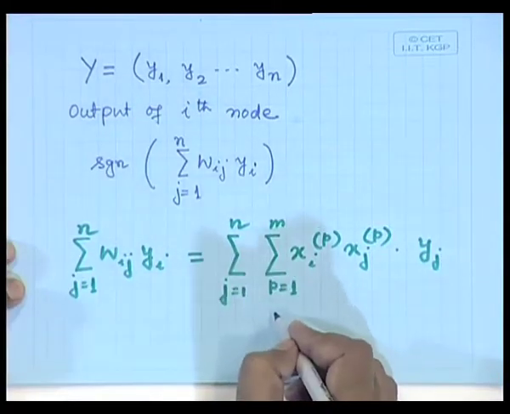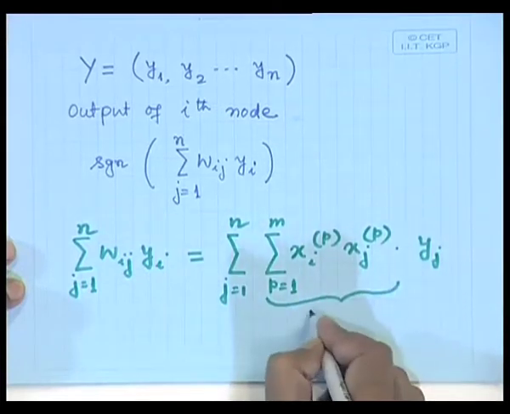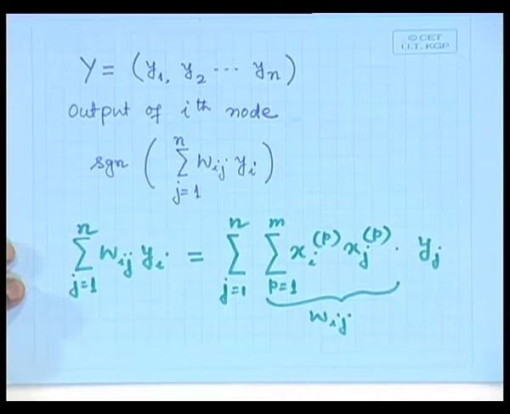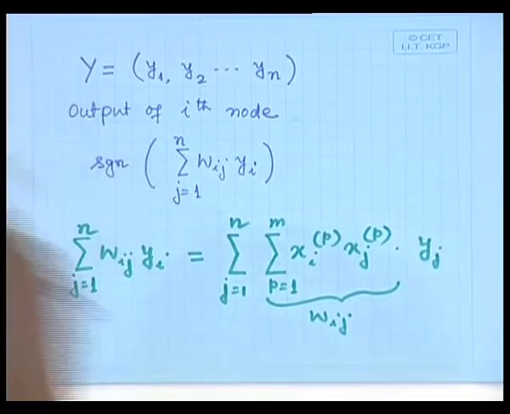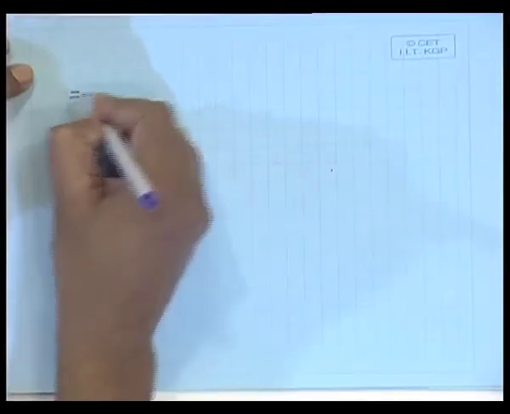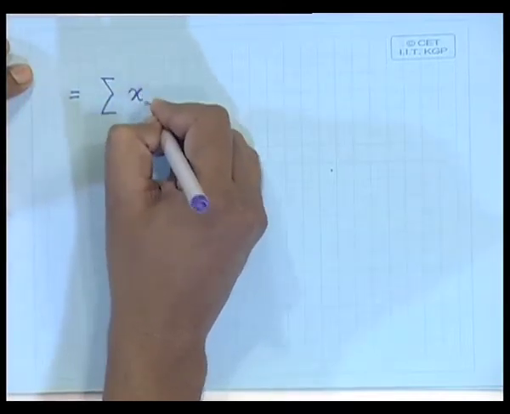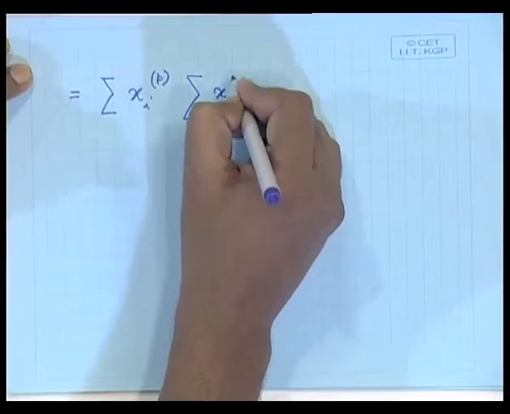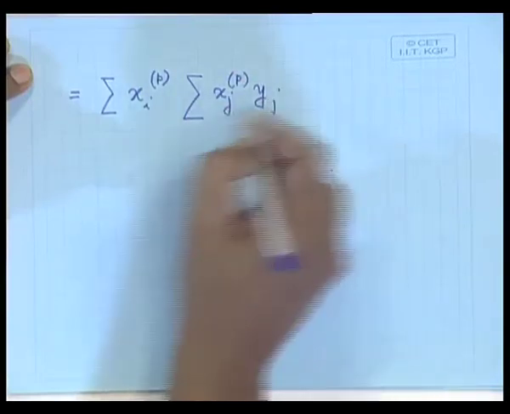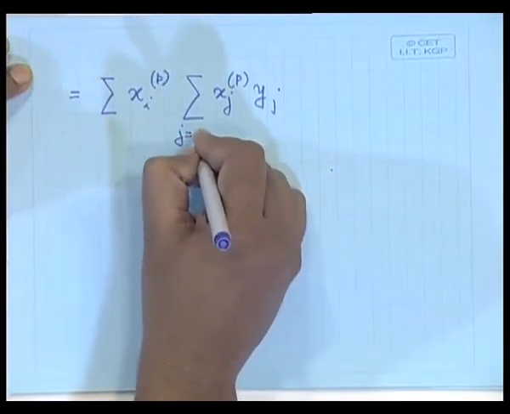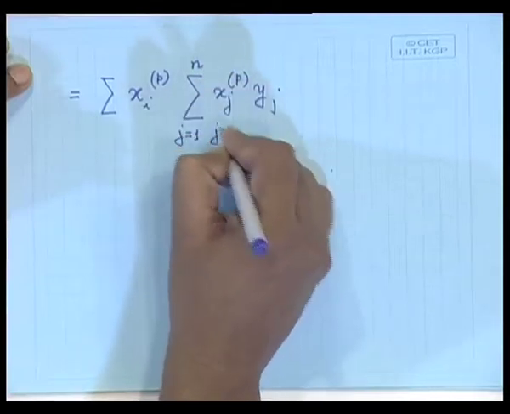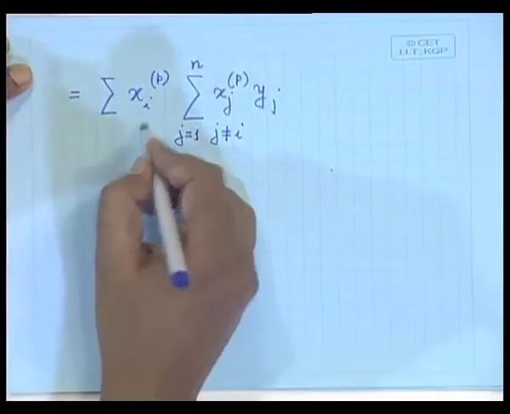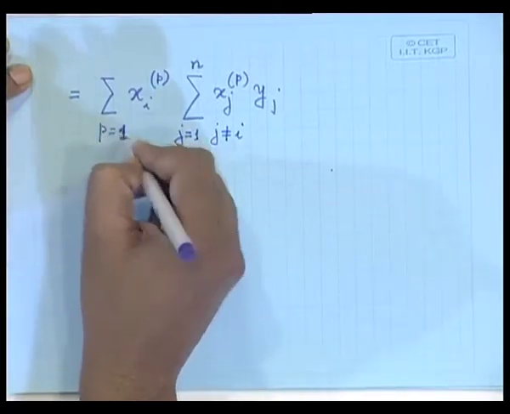So, this is what my w i j is, and I can write this as the sum over p of x i p into the sum of x j p y j, where j varies from 1 to n and j is not equal to i, and p varies from 1 to m.